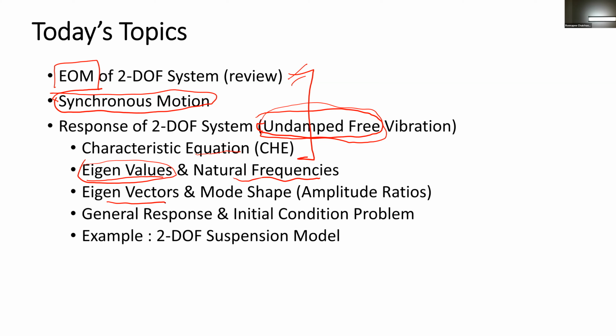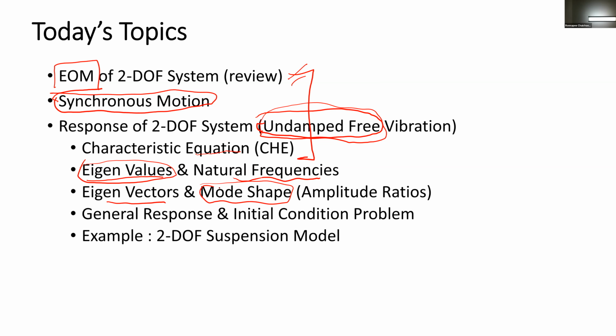It will give some information about how one degree of freedom in the vibration problem changes relative to another degree of freedom. And this will be the concept of the mode shape.